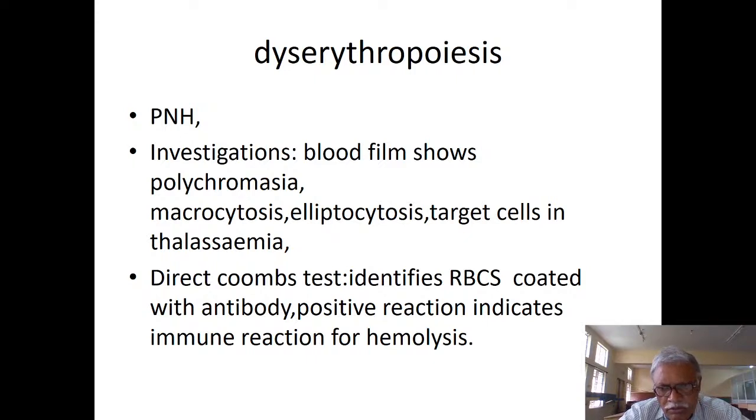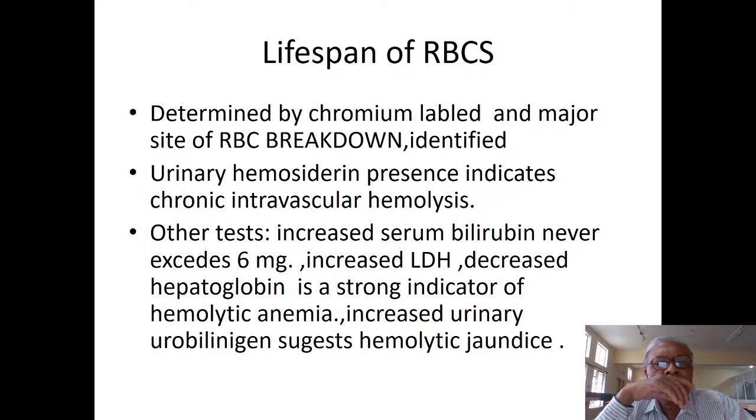That is Coombs positive. If you add that complement to the RBCs of a person who is normal, the RBCs will not be lysed. It is Coombs negative. That means it's almost normal.